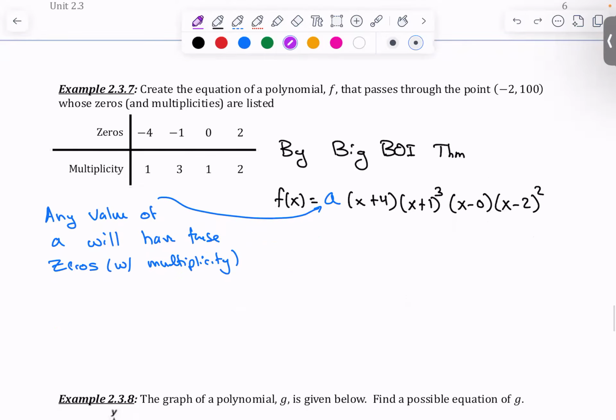So, however, we're given that f passes through -2, 100.